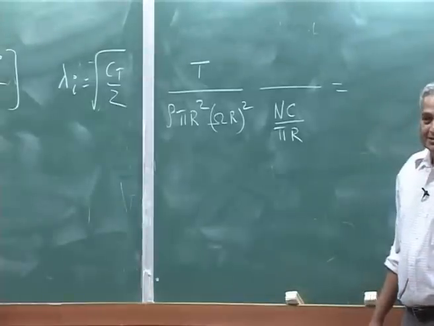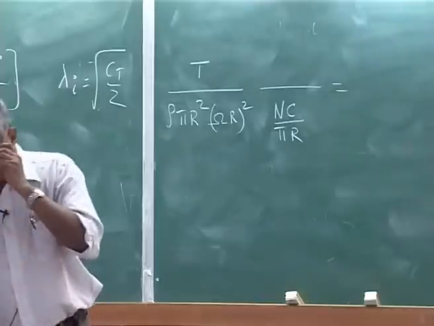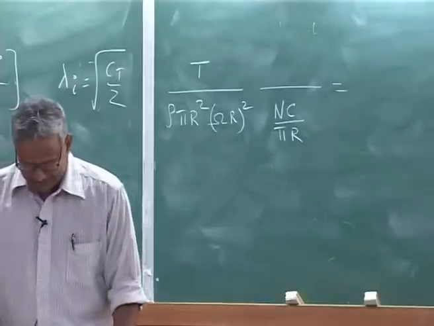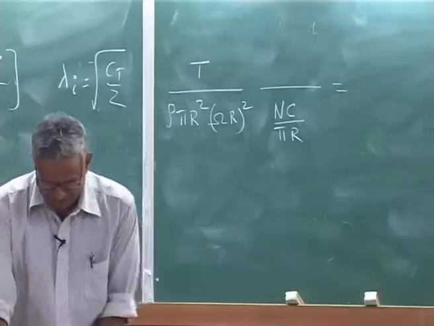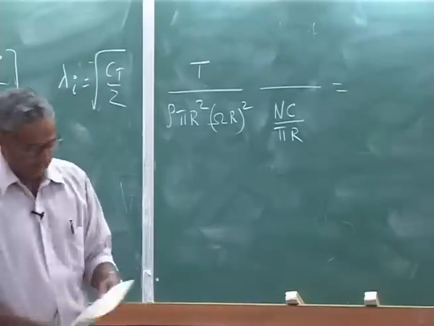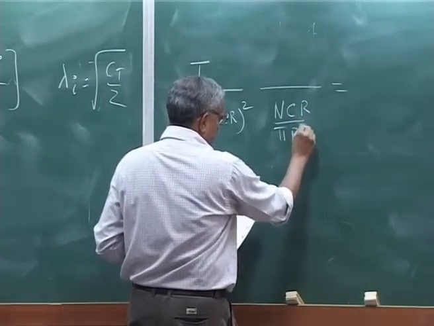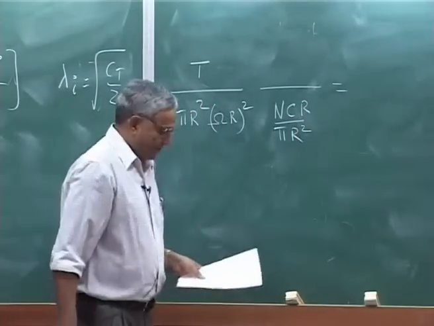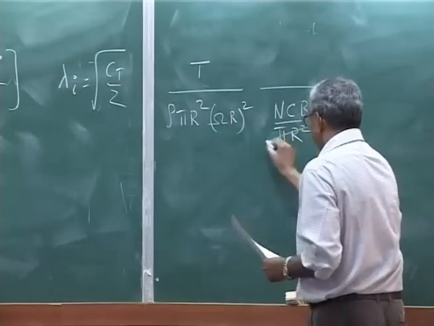Now, this factor you can reduce in a slightly different form. I am writing it in this fashion, because if you take it as N c R over pi r square, the pi r square will go off.